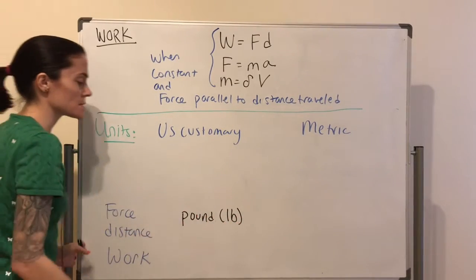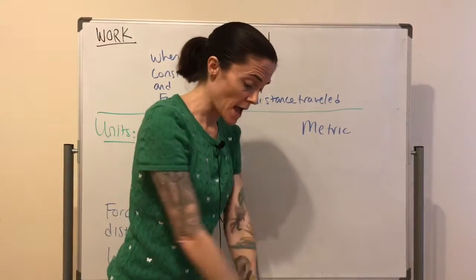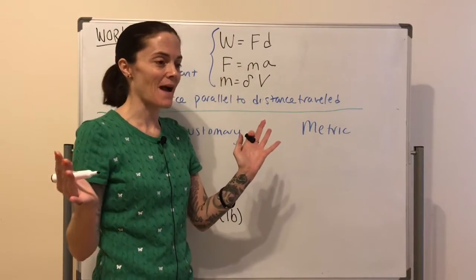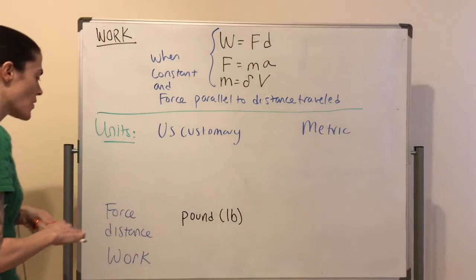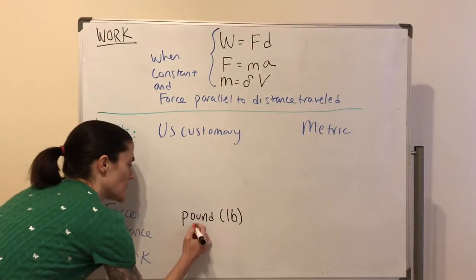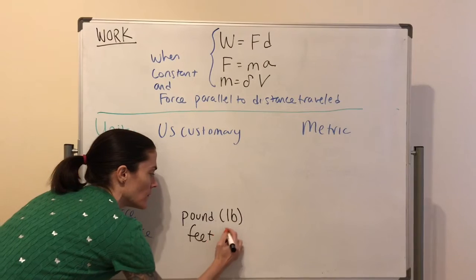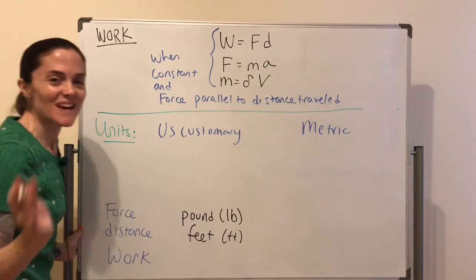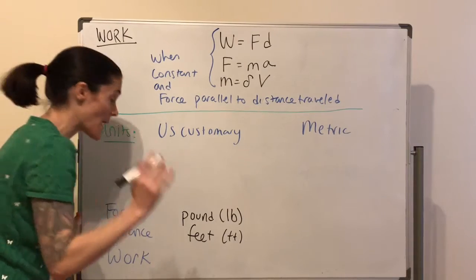This is a force. This is if you step on the scale and you read what it says, however many pounds, this is a force. The distance is in feet. And work, well, force times distance, it's called foot-pounds.